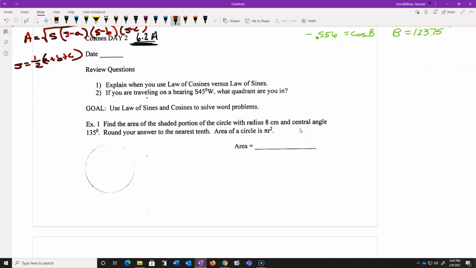Now, let's get to 6.2a today. There are a couple of review questions because I think both of them are good. Explain when you use the law of cosines. Law of cosines works on SSS and on SAS. Those are the two you have to use it for.